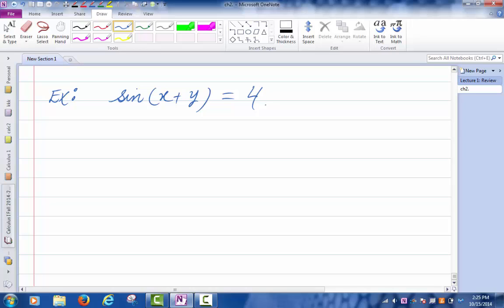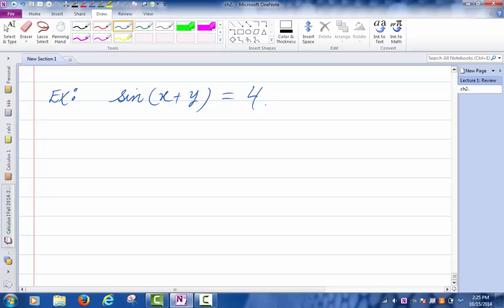And in this case, I cannot find explicit formulas for those functions. Am I making sense? In my previous two cases, the circle and the parabola, I was able to find explicit formulas for the two functions that were defined implicitly by the equation.